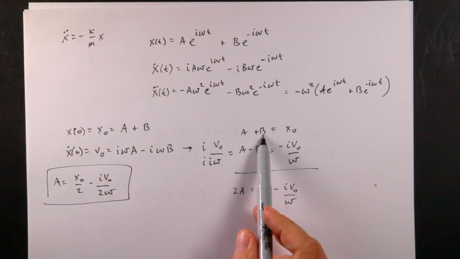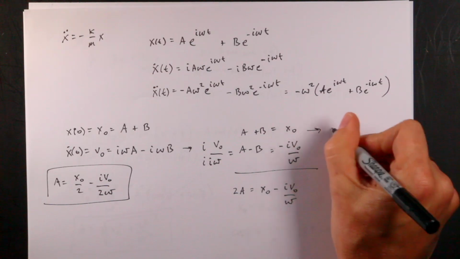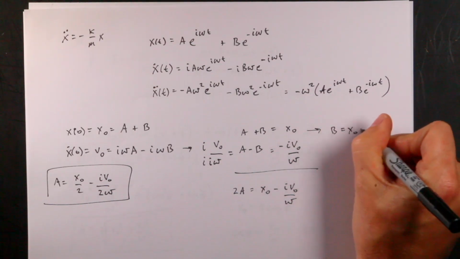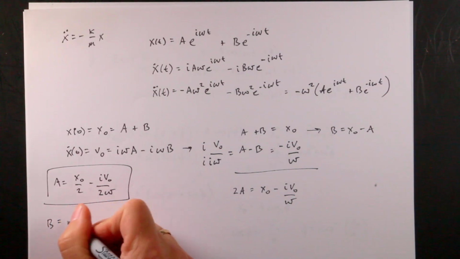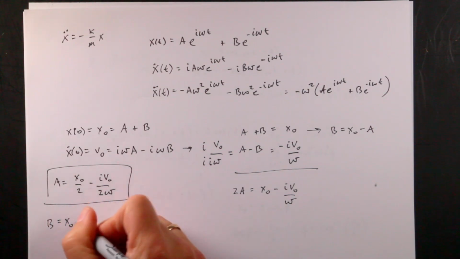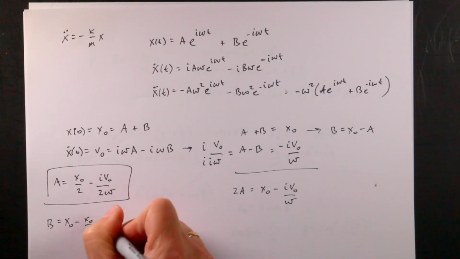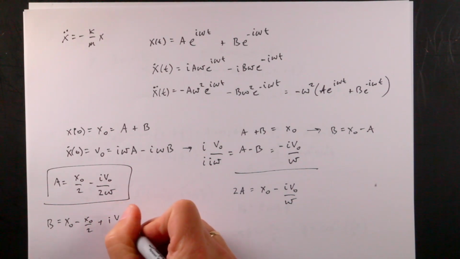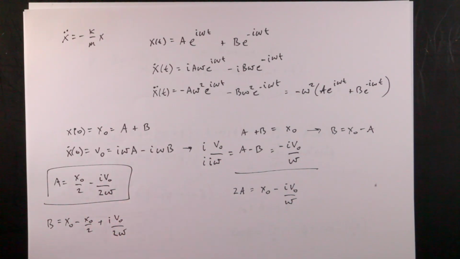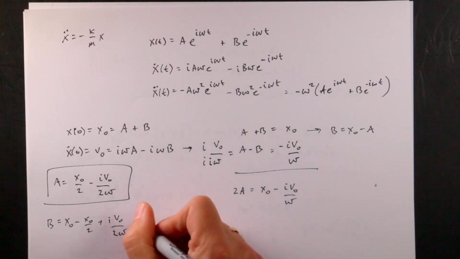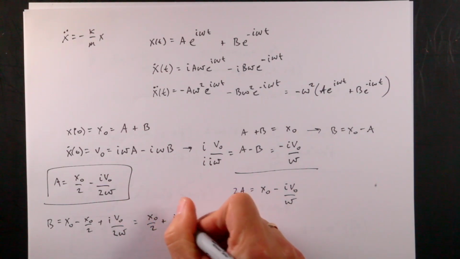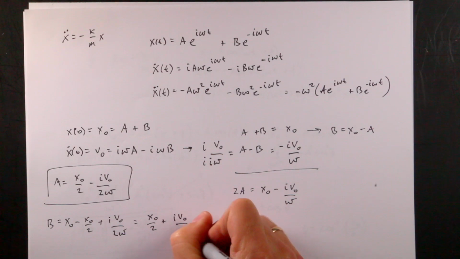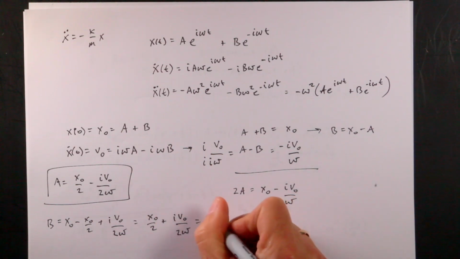Well, b is just going to be x0 minus a, so x0 minus x0 over 2 plus i v0 over 2 omega. So here I have x0 minus x0 over 2, that's going to be x0 over 2. So I get x0 over 2 plus i v0 over 2 omega. And that's b.